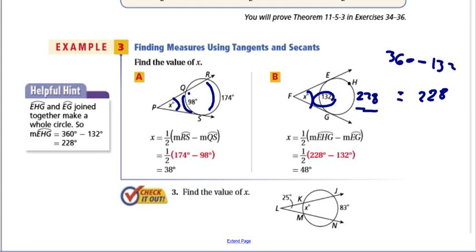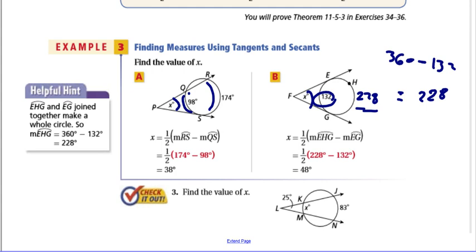Now x equals half, open bracket, 228 minus 132. We get 228 by subtracting 132 from 360, because the whole circle equals 360. Now x equals 48.